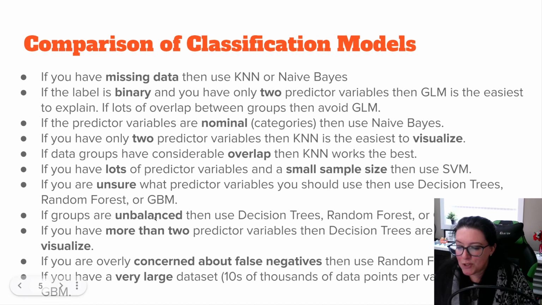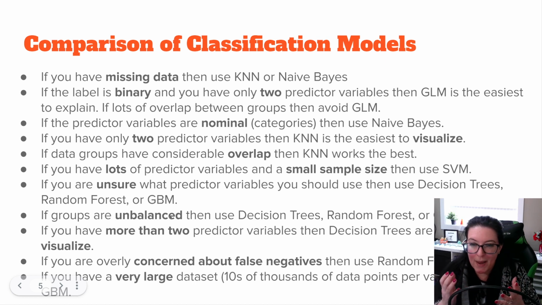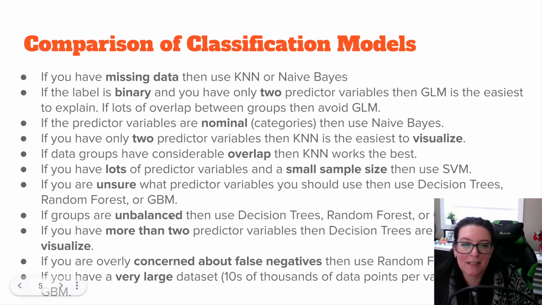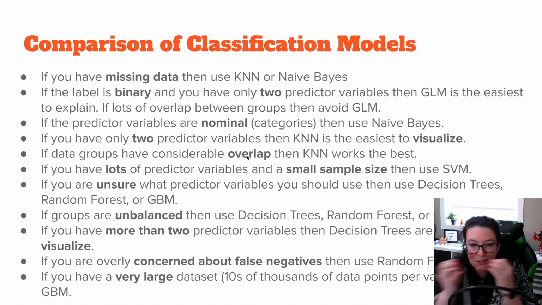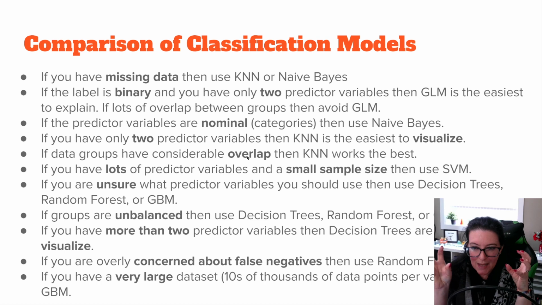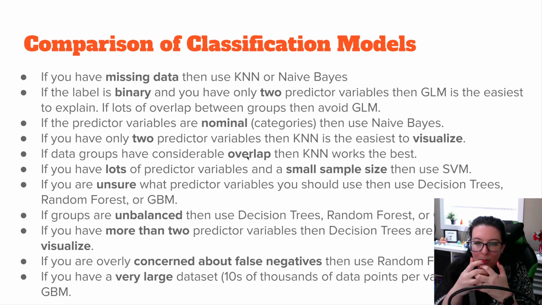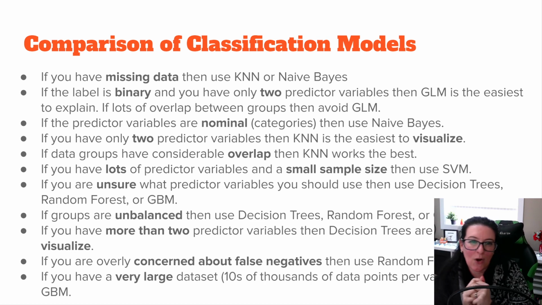Is your data set balanced or unbalanced in terms of how many are making up each of the items in your label when you're testing? How much overlap is there in terms of that data? Are they quite separate and distinct, or are they quite blended and mixed together, which can make it really hard to identify which classification it belongs to?